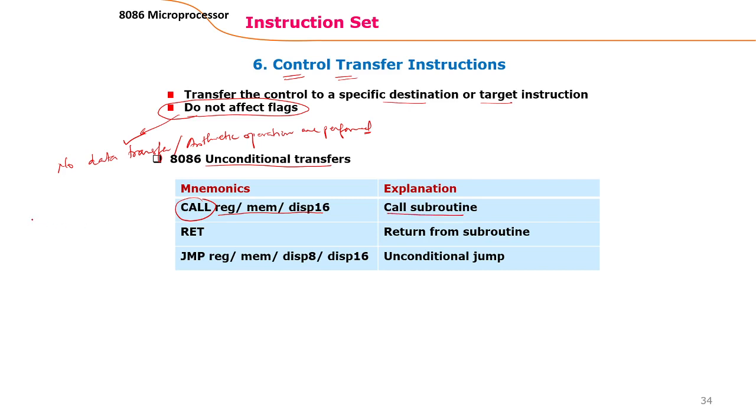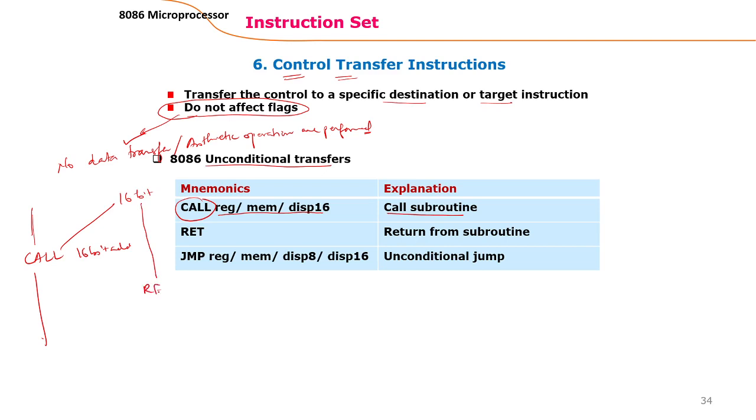If some instruction is written, and then call with a 16-bit address is given, with some instruction written previous to that also, then after call it will go to this 16-bit address location, and whatever program is there, it will be executed.